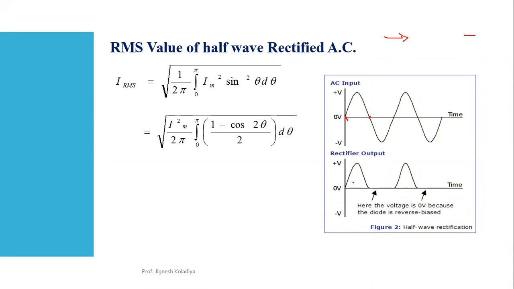So if you take the diode is forward biased in this cycle, that means I'm not getting anything between pi to 2 pi. So this will be the output of half wave rectified AC.